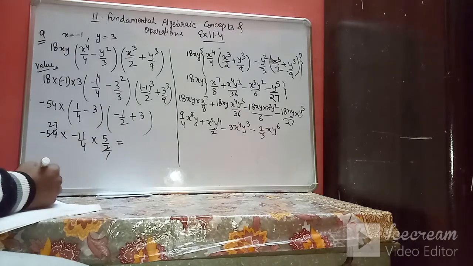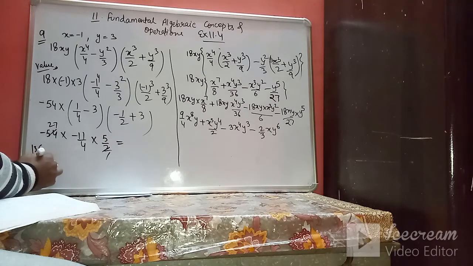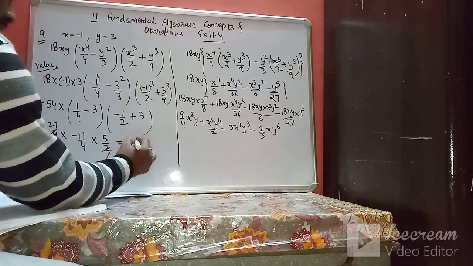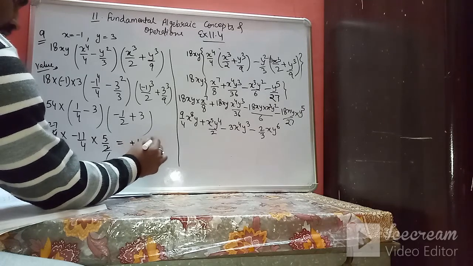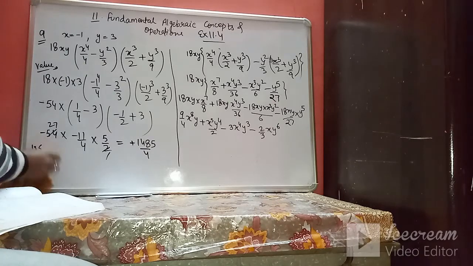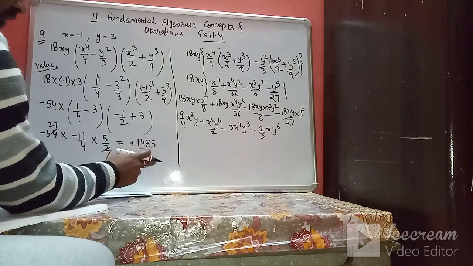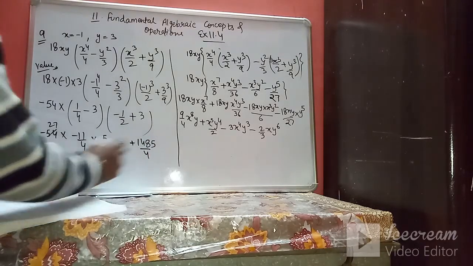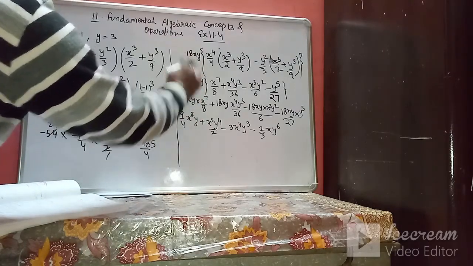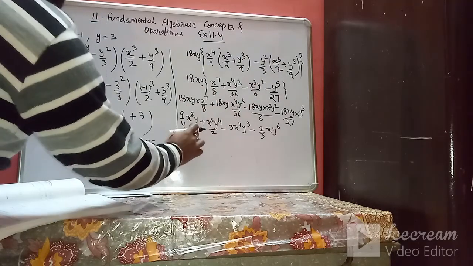So that will give us plus 1485 upon 4. Okay, so our answer will be 1485 upon 4. Now this is our product, which I have found out by using the row method. So this is our final value.